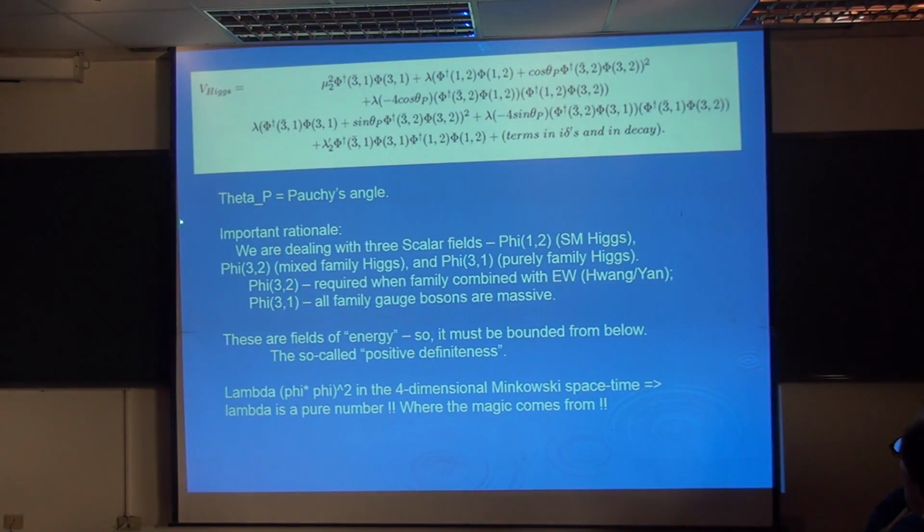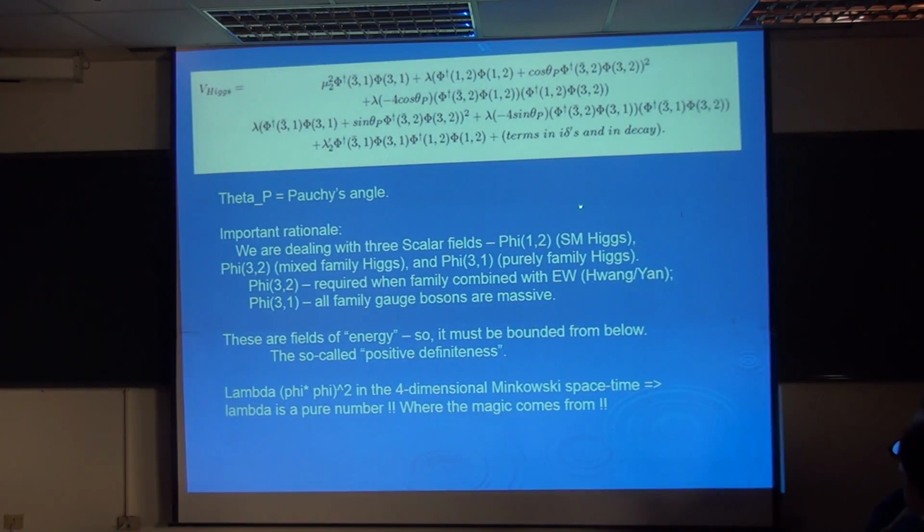You should understand this all. So the important rationale would be we have the 3 Higgs, the so-called 512 standard Higgs, the 532 mixed family Higgs, and the 531 purely family Higgs. And in fact, we know how the 532 arises.